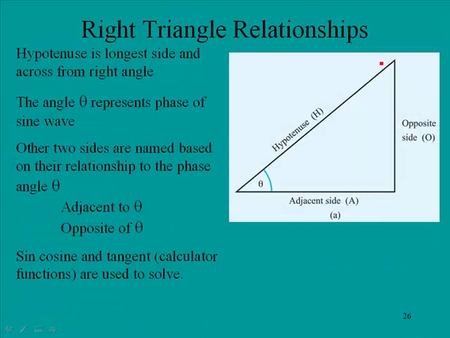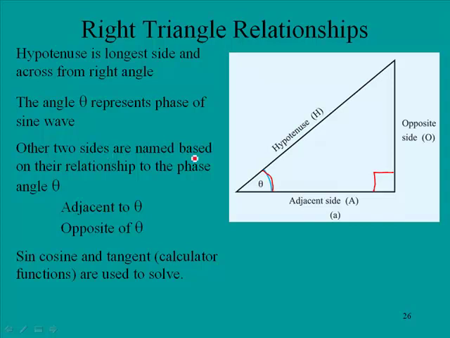So here we're going to look at right triangle relationships. Okay, the first one, here we have a triangle, and the hypotenuse is the longest side and across from the right angle. So here's the right angle right here, and the hypotenuse is directly opposite the right angle. The angle represents the phase of the sine wave.